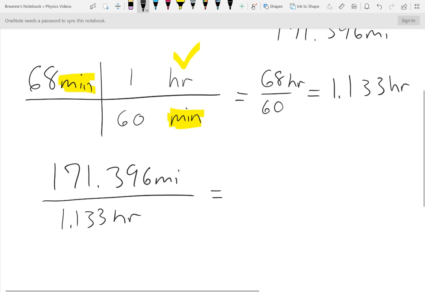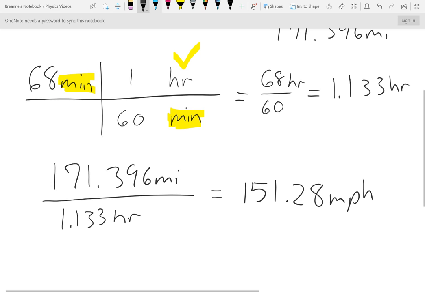You plug that into your handy dandy calculator, and you get 151.28 miles per hour. Now, I would say she deserves a speeding ticket, especially if she's going that much. Remember, the speed limit was 65. She's going 151. Yeah, that's very fast.